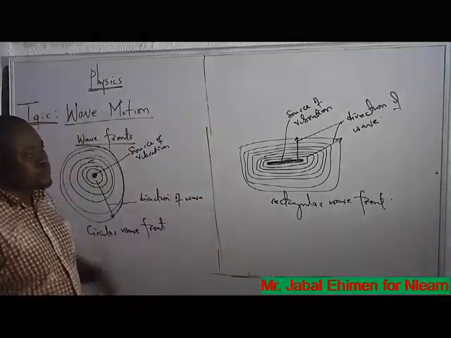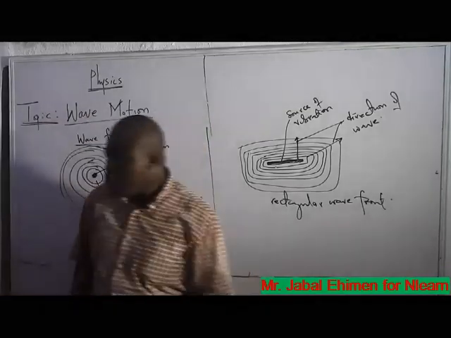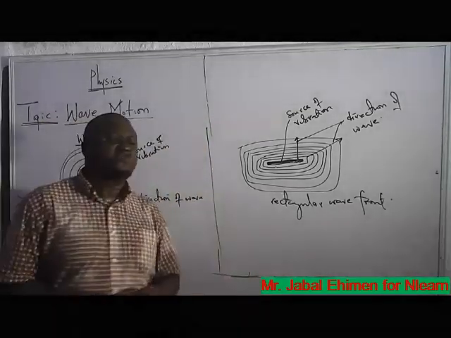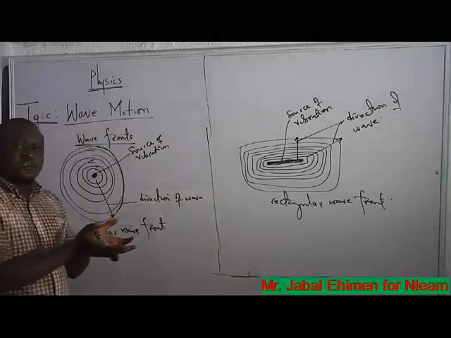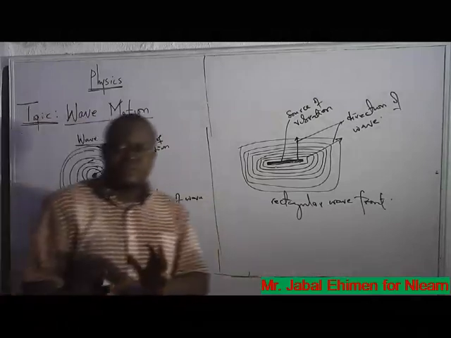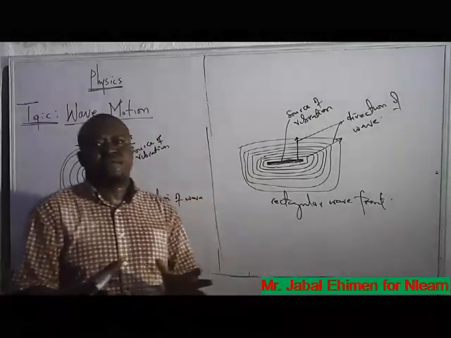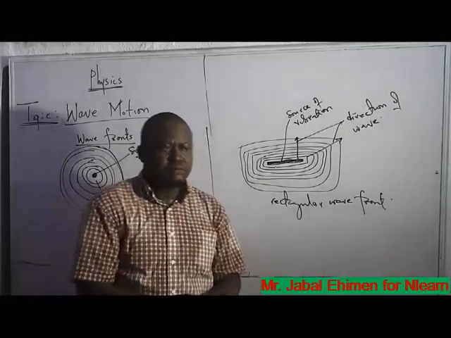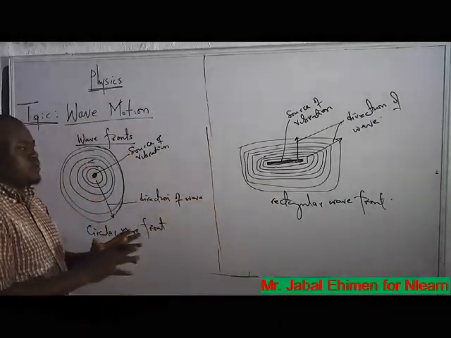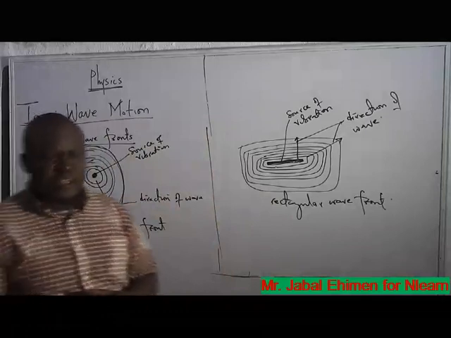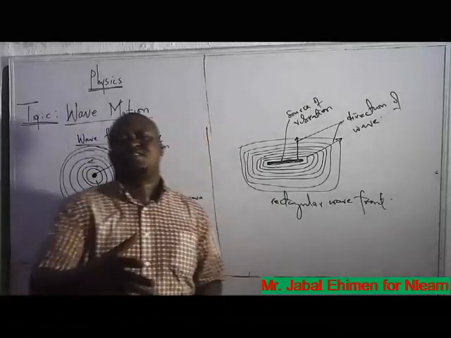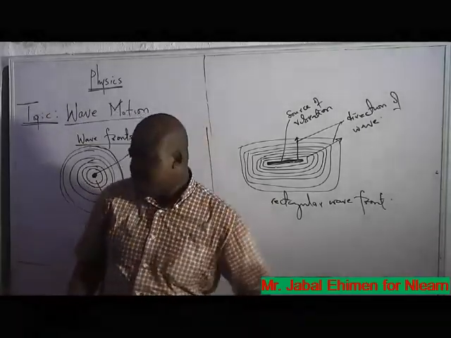Now, we have that. We're now going to move on to something else. We want to see terms. There are different terms we use to describe waves. But before then, somebody may ask, what is wave motion? It's simple for you to define.